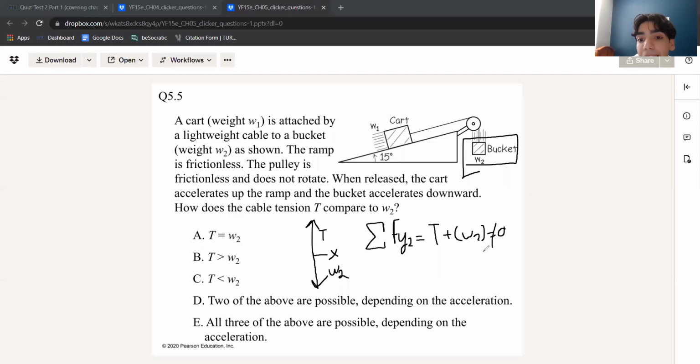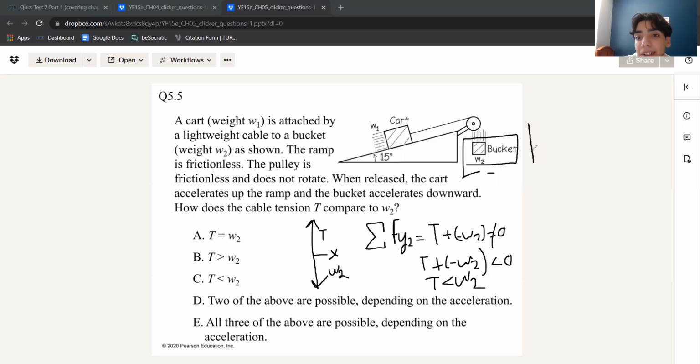So if we know that T plus, sorry, this is negative W2, the net force would have to be less than 0, since it's downward, because this would be a negative force. It'd be going down. So if it's less than 0, if we solve this, T is less than the weight 2.